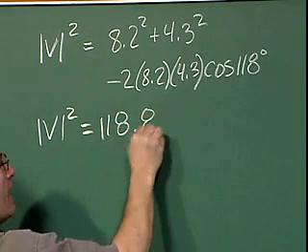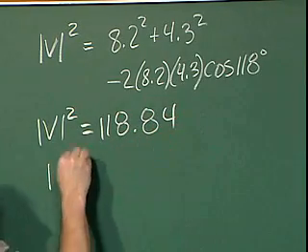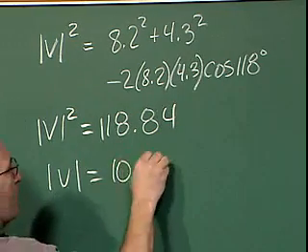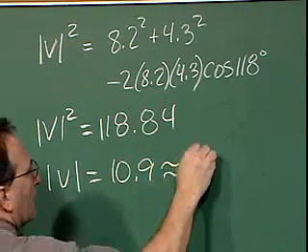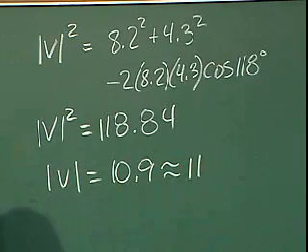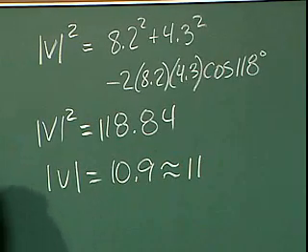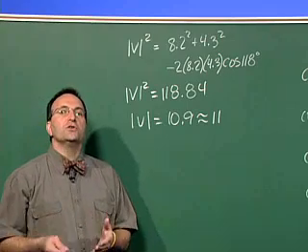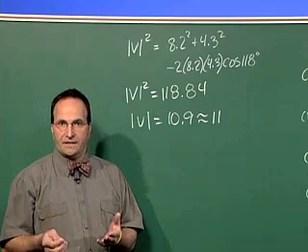So the magnitude of vector v squared is going to be equal to 118.84. And when I take the square root, which gives me just the magnitude of vector v, it's 10.9, which we will round off to 11 for our purposes. Now, to find the bearing, because that's the second part of the problem, we would use the law of sines.